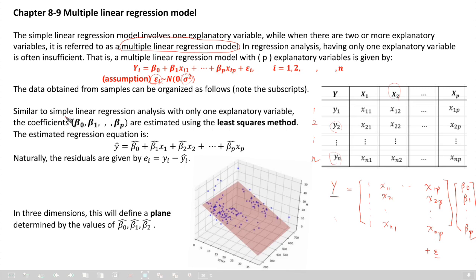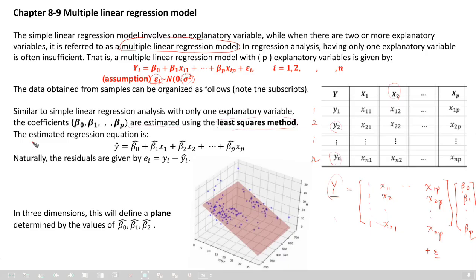Similar to simple linear regression analysis with only one explanatory variable, the coefficients beta 0, beta 1, up to beta p should be estimated using the least squares method. You cannot solve that many equations by hand, so they use vectors and matrices.